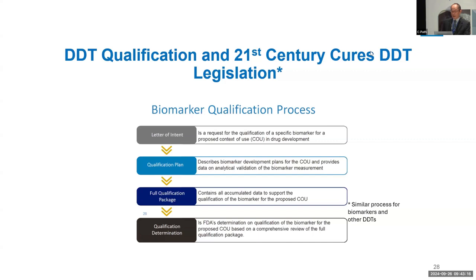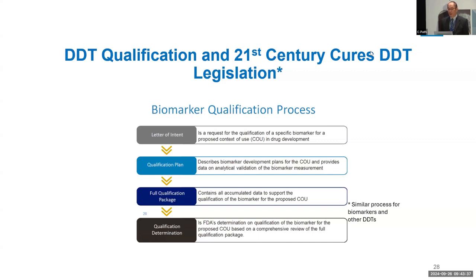And the second stage is the qualification plan. This is also very important. It is kind of analogous to an IND, and the qualification plan should contain all the data sources, what kind of data will be provided based on the context of use that is agreed upon with the FDA review during the LOI stage.